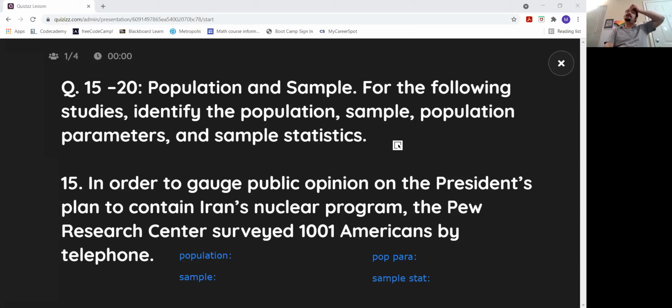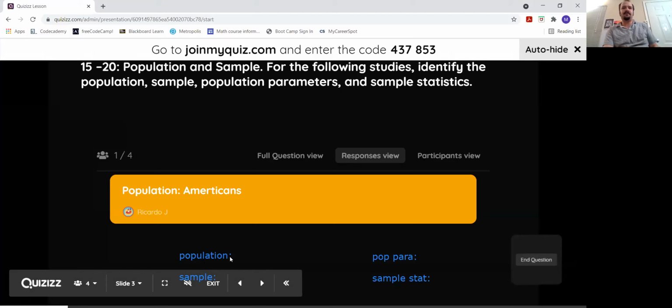So the example they give is in order to gauge public opinion on the president's plan to contain Iran's nuclear program, the Pew Research Center surveyed 1,001 Americans by telephone. So what's the population? What's the large group they're trying to get at? That is Americans.